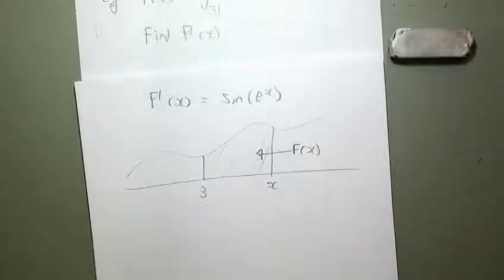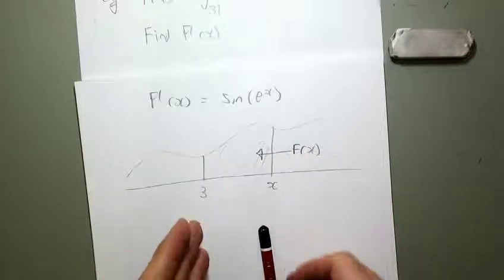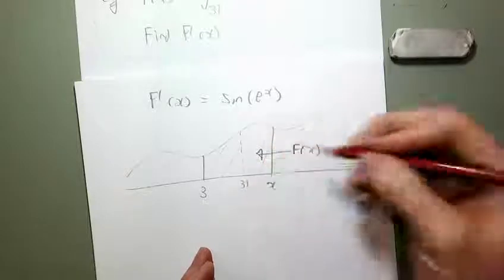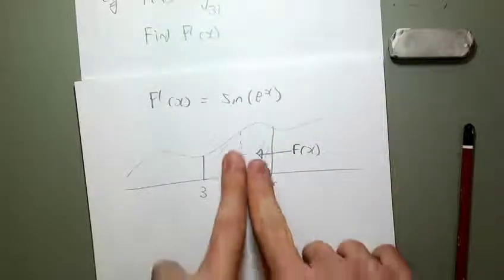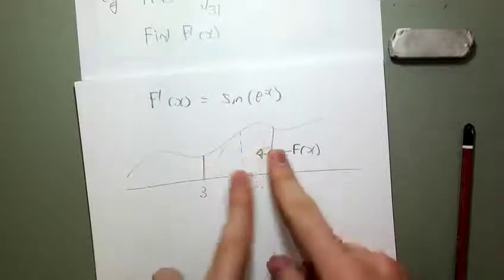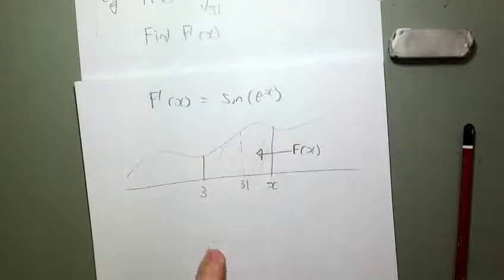And the derivative is the rate of change of that slice of area compared to how quickly x is changing. All right? But if I had started at, say, 31, then this area here is a totally different area to that area there, but the leading edge is moving at the same speed.